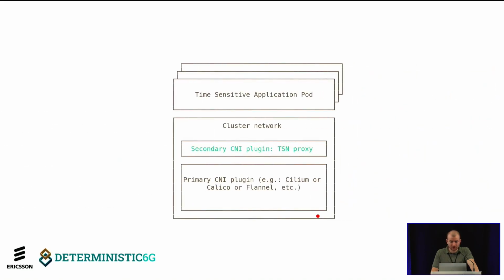So our intention is a similar setup where there are the time-sensitive application pods and the cluster network, and all the heavy lifting is done by the industry-strength, popular CNI plugins with every feature they support. And here's our secondary CNI plugin, which does some fine-tuning on the network configured by these plugins in order to preserve the TSN metadata.